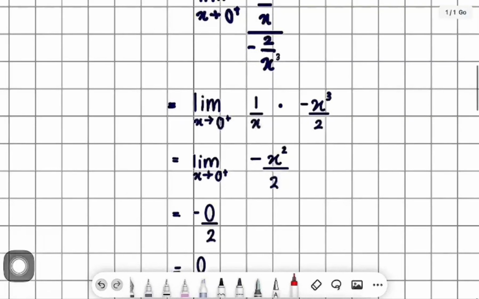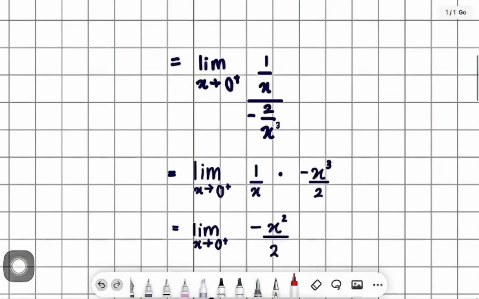Alright, so we have to simplify the expression. I bring the bottom beside, so it becomes this form.